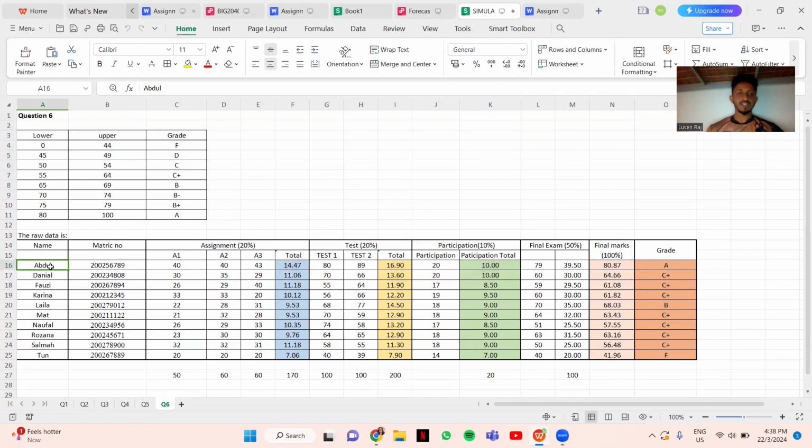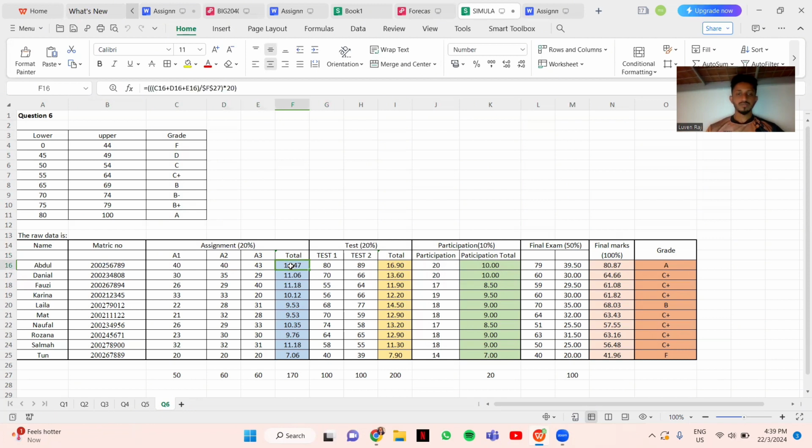As an example, I'm taking Abdul's mark. So A1 is assignment 1, A2 is assignment 2, A3 is assignment 3.